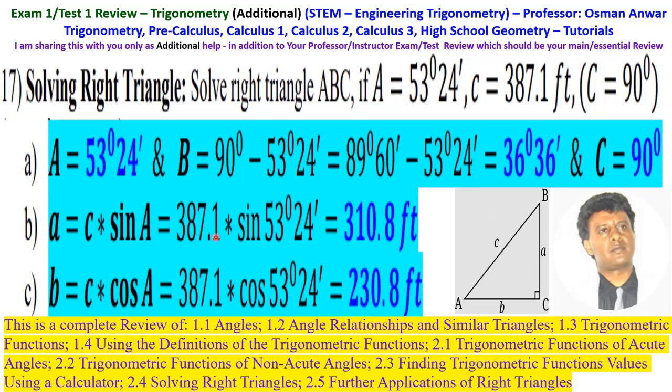Again, you enter this into a calculator and this is what you will get. Then for b, cosine A is b over c, then b is c cosine A, which is 387.1 cosine 53 degrees and 24 minutes, and that is 230.8 feet.